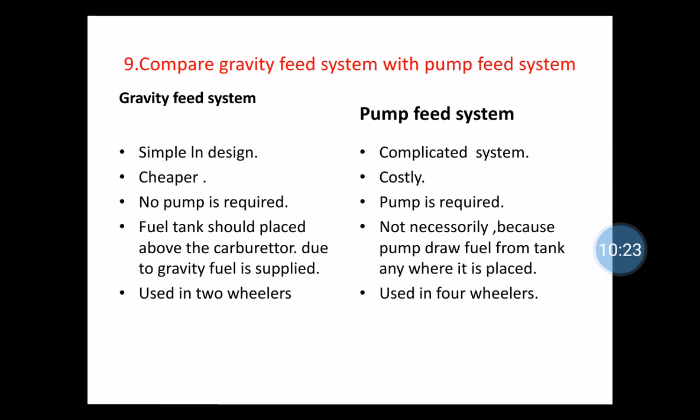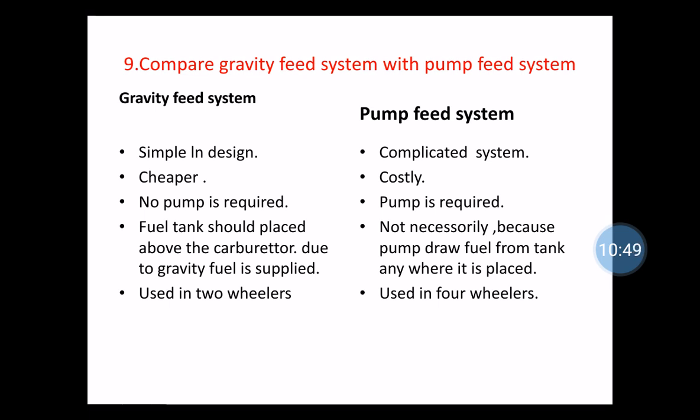Next question, compare gravity feed system with pump feed system. Gravity feed system is simple in design, pump feed is a little bit complicated. Gravity feed is cheaper, pump feed is costly, it consists of a pump, etc. In gravity feed system there is no necessity of a pump; in pump feed system a pump is required.